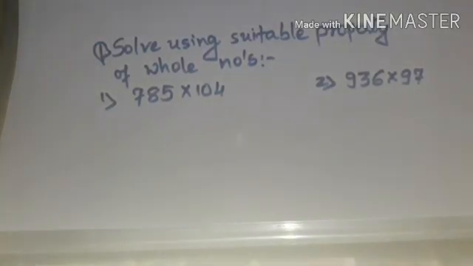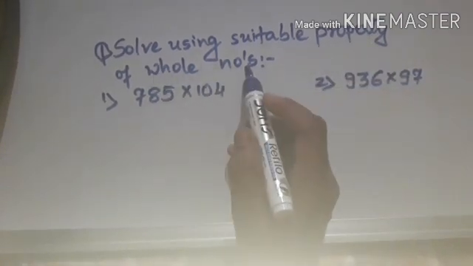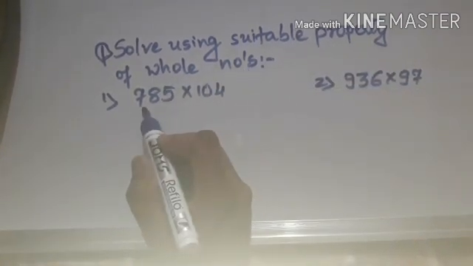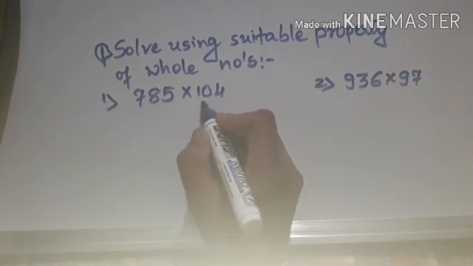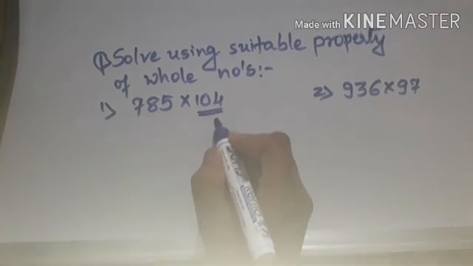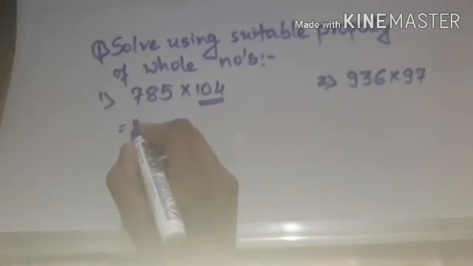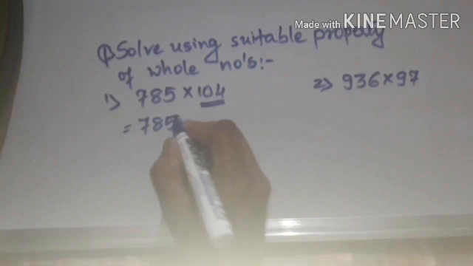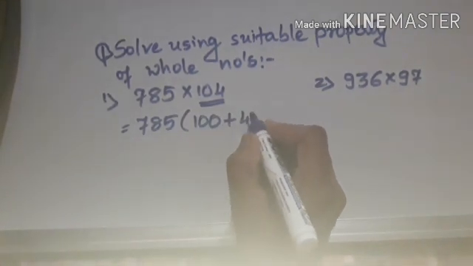In exams, you are given this type of questions. Say, solve using suitable property of whole numbers. Your first question is 785 into 104. So 104 I will split into two parts as 100 plus 4. So 785 as it is, and 104 as 100 plus 4.